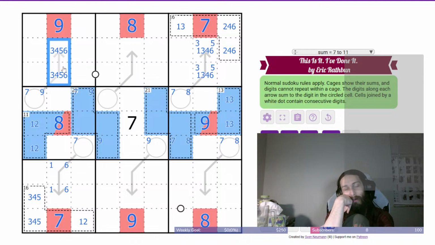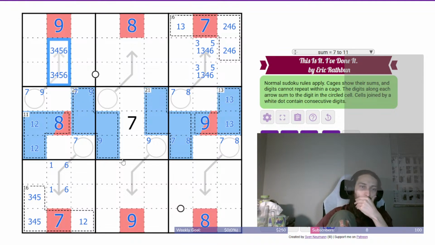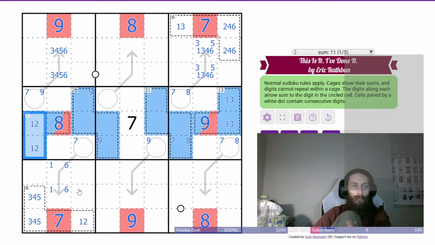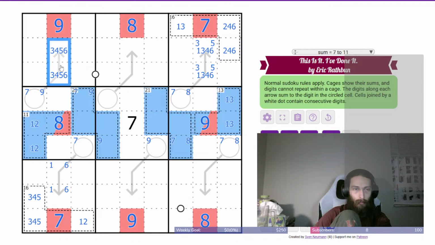Yeah, if. Oh, this has to have a 1 or a 2 up here. Oh, yeah, it does. Because this cell is one of those two. And since it is one of these two, it has to go in here.